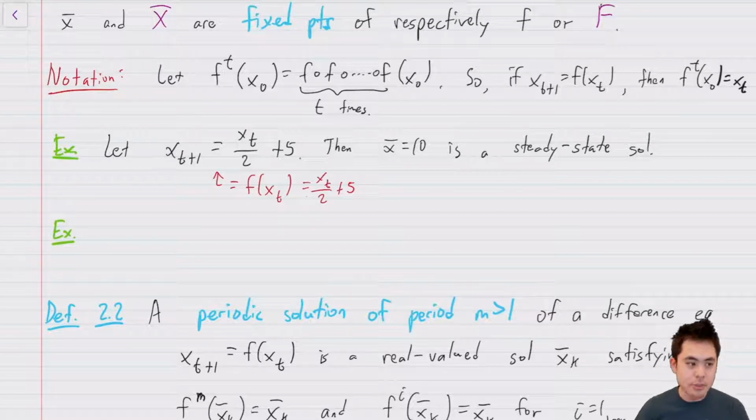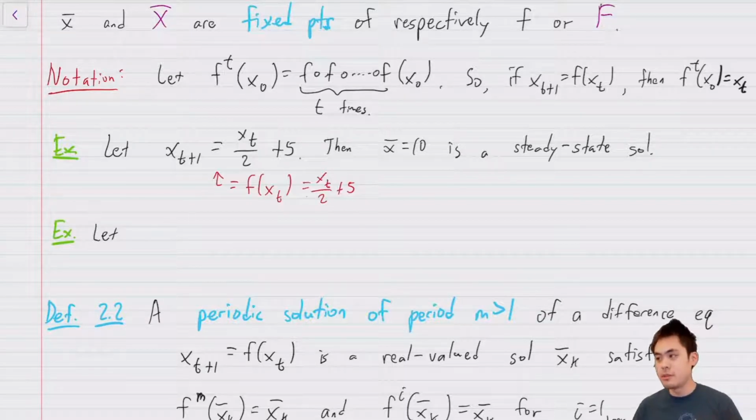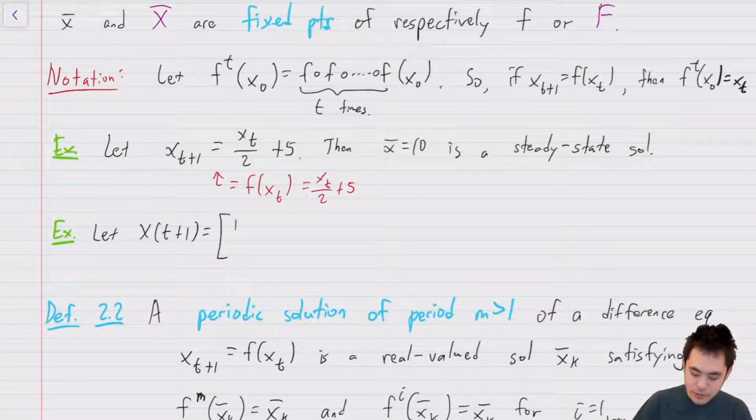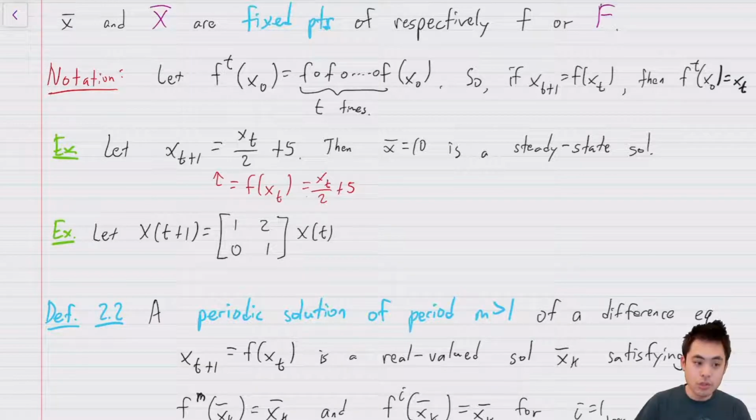Let's give another example. Let me do this as an example for a fixed point of a system of first order equations. So we're going to let x of t plus 1 be equal to, let's say we had some matrix, 1, 2, 0, 1, times x of t. So this is a two-dimensional vector.